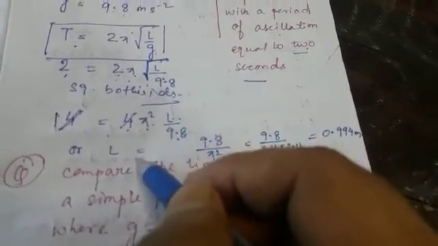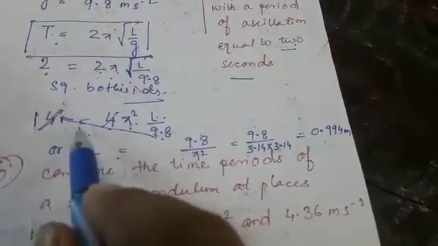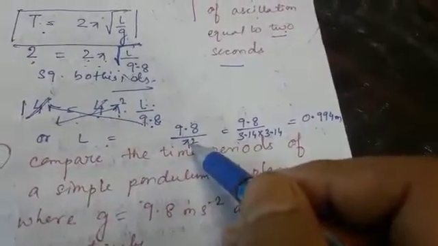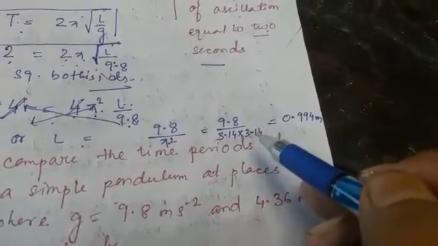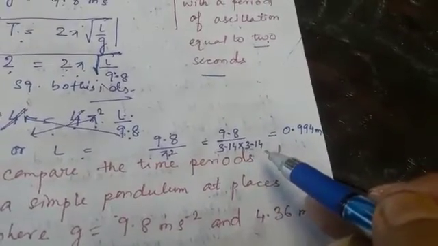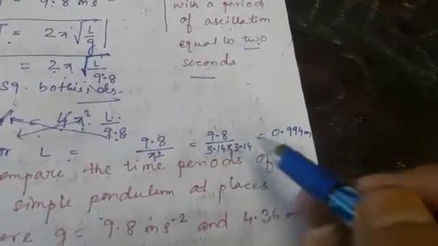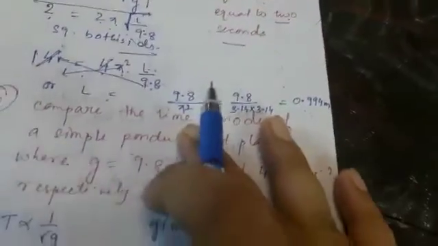For L you simply cross multiply, so it will become 1 into 9.8, and you bring this pi square down, that is 9.8 by pi square, that is 9.8 by 3.14 into 3.14, because the value of pi is 3.14. By doing this calculation you will get 0.994, which is your required answer of length.